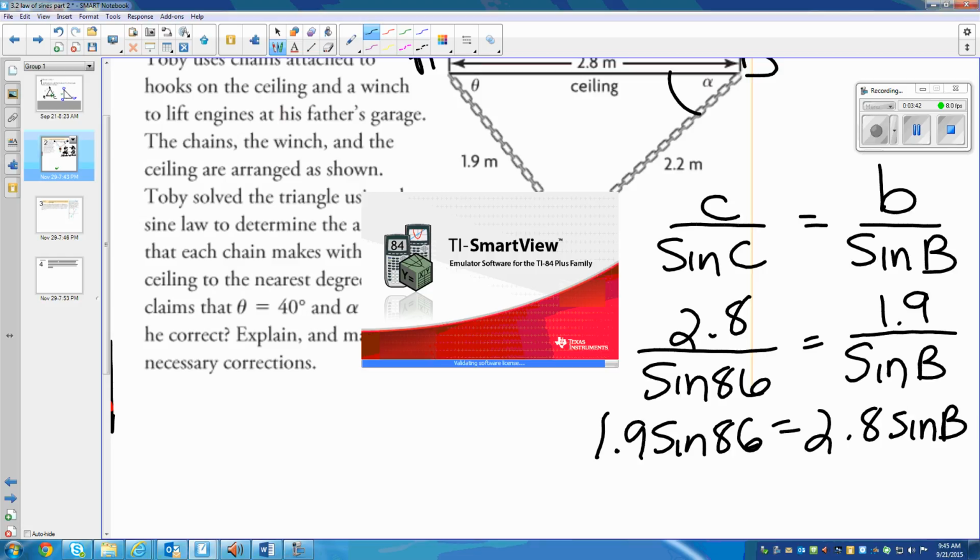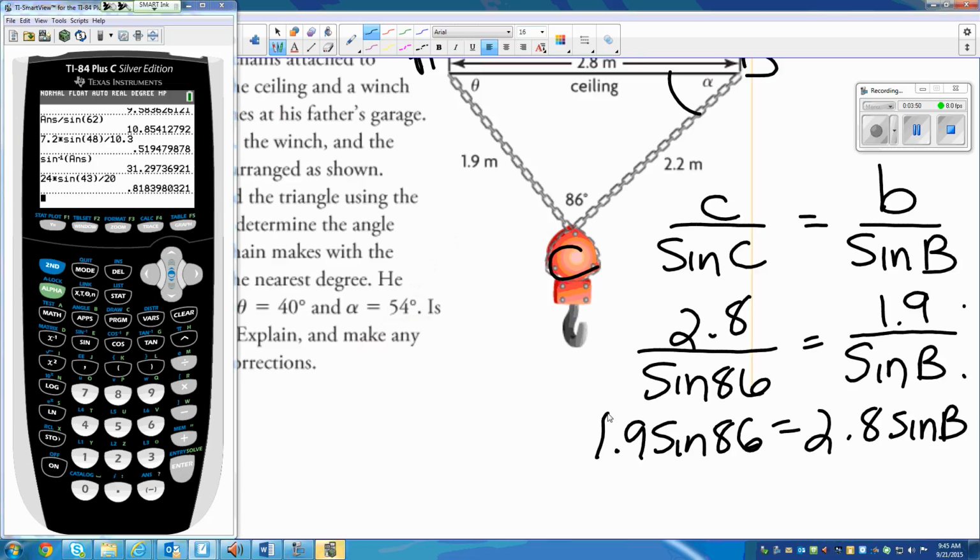How did I shift from here to here? What did I have to do? Demare, how did I shift from this step down to this step? Just cross multiplied. So I could divide by 2.8 on both sides as well. And I get sine B is equal to something.